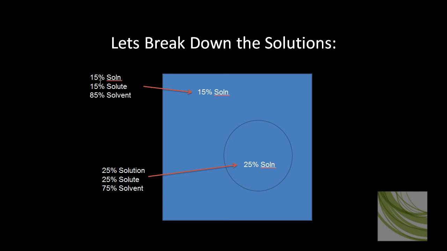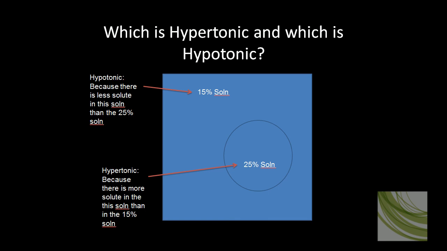The 15% solution is 15% solute and 85% solvent, while the 25% solution is 25% solute and 75% solvent. Now let's determine which solution is hypertonic and which is hypotonic. Remember, hypertonic is the solution, when you're comparing two solutions, that has the highest percentage of solute, while the hypotonic solution will have the lowest percentage of solute.